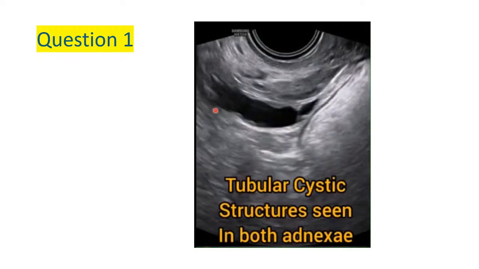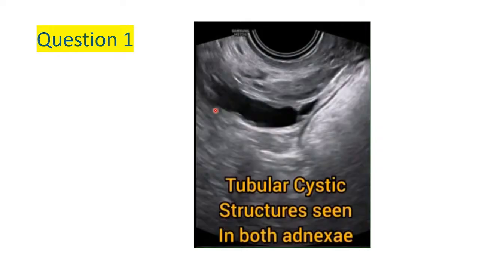So what is hydrosalpinx? Hydrosalpinx is fluid collection in the fallopian tubes. So when fluid collects in different areas in the body, it has got different names. If the water collects in the head, it's called hydrocephalus. If it collects in the lungs, in the pleural space, it's called a pleural effusion. If it collects around the heart, we call it a pericardial effusion.